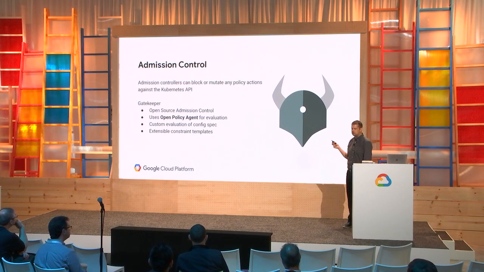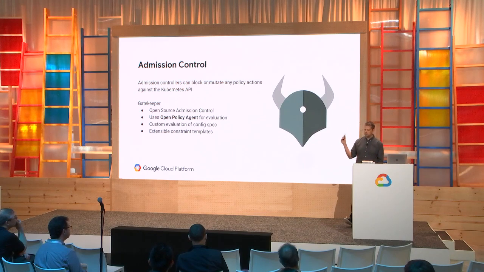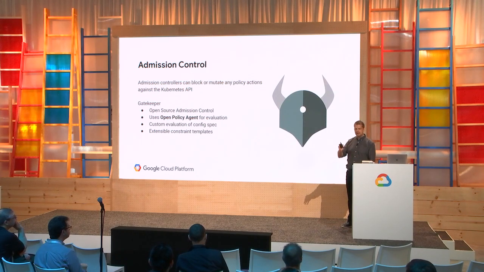And Open Policy Agent is effectively a policy evaluation engine. It takes a set of policies expressed in code that anybody can write and will enforce them wherever it goes. So what Gatekeeper does is wrap that in the infrastructure it needs to be run as an admission controller, and then allows you to define as a Kubernetes resource any policy you want to be evaluated against things that are going to hit the API server.